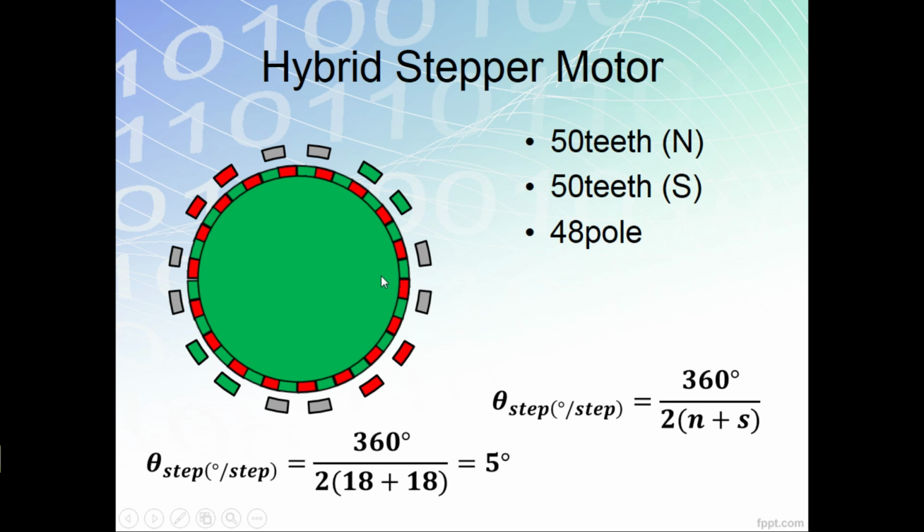In this situation, since it is very difficult to draw 50 teeth north and 50 teeth south, I just use 18 teeth. So I have 18 teeth on the north side and 18 teeth on the south side. And with that, I will be having a 5 degrees step size, similar to this.